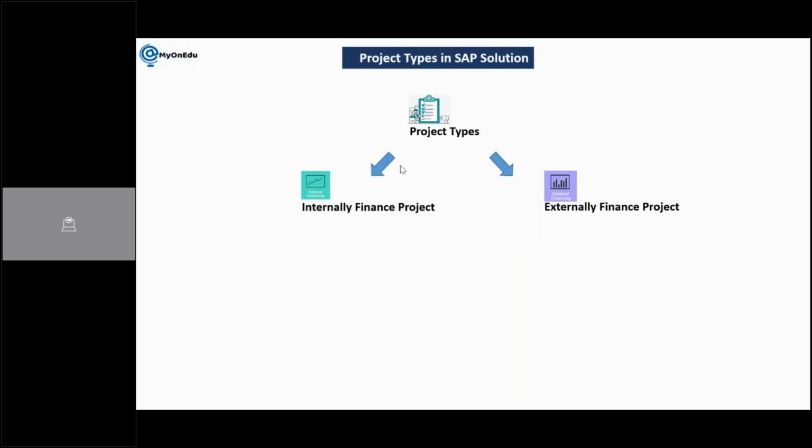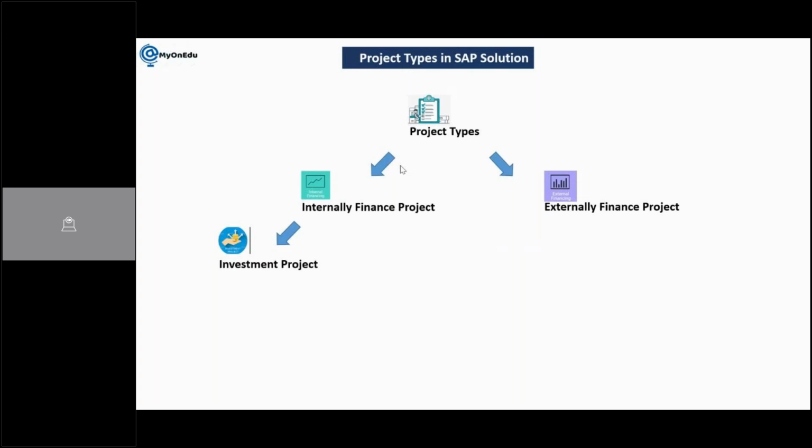For an internally financed project, let's say as per our organization's need, we need to construct a head office or any office building for ourselves. That has to be financed internally by the organization, and we are not going to sell this office to any customer; it is just for our own purpose.